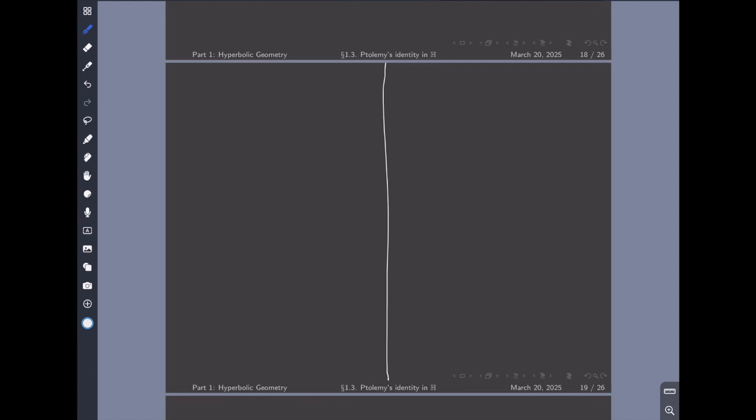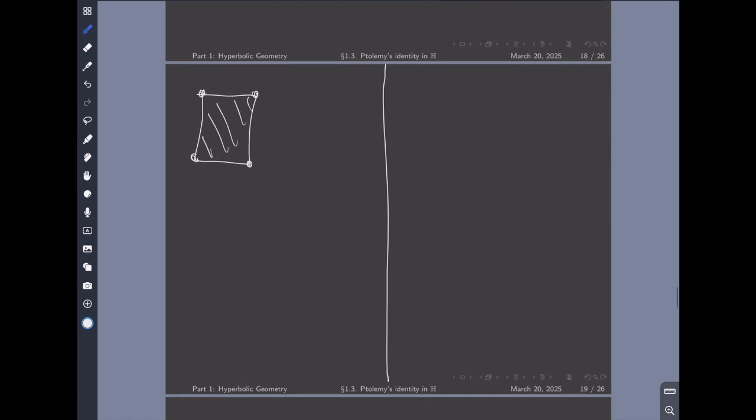Actually, someone would say, classify all possible ways of putting a hyperbolic metric on this Euclidean quadrilateral, in such a way that it's hyperbolic on all of this, and this becomes the point at infinity, and the four sides become geodesics.